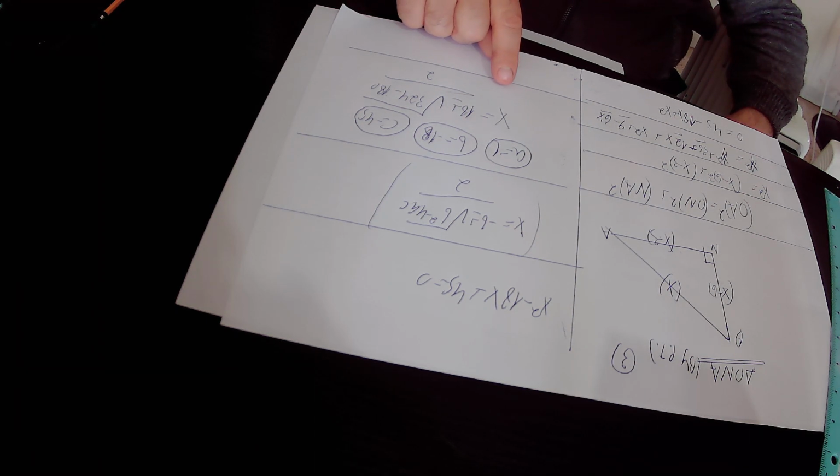So x equals minus b, b is minus 18, therefore minus b is 18, plus or minus square root of b squared. b is minus 18, therefore b squared is 18 squared, that is 324, minus 4 times a, which is 1, times c, that is 45. So minus 4 times 45 is minus 180.